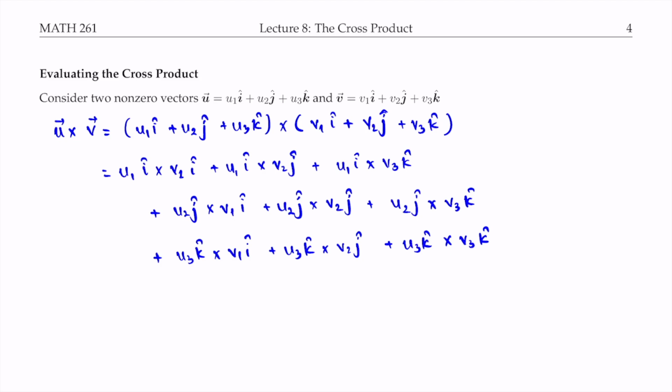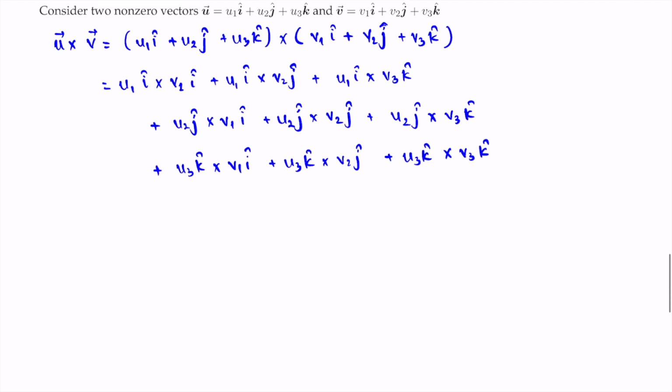And remember u1, u2, u3, and v1, v2, v3 are just constants. So therefore, you can take the constants out of the cross product operations.